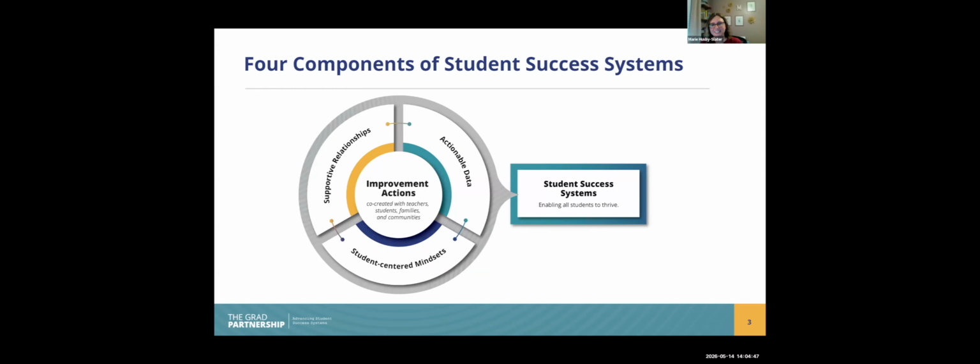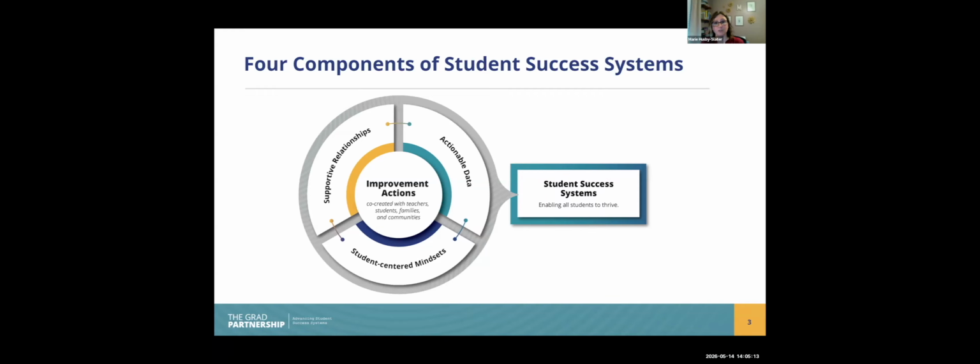The student success system is most commonly described and organized in this framework of the four components or essential elements of student success systems. Each of our themes in some way is anchored in this framework. Today, we're really looking at the bridge between supportive relationships, actionable data, and improvement actions, right?